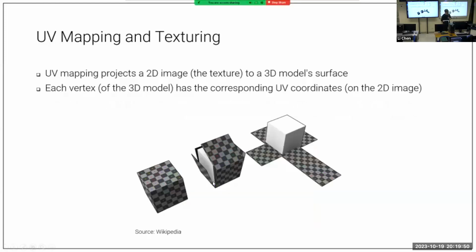So this is UV mapping and texturing. I guess this is a little bit out of the scope of this lecture, but I just want to cover it a little. Every texture is presented as a 2D image, so you have to think of a way this 2D image can be used to wrap your object. It's just like how you wrap Christmas gifts for your friends.